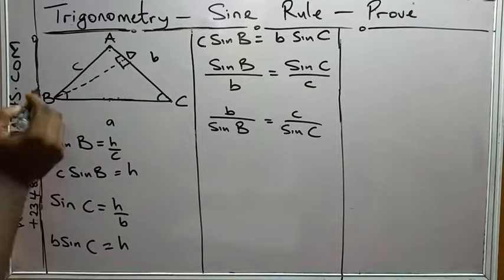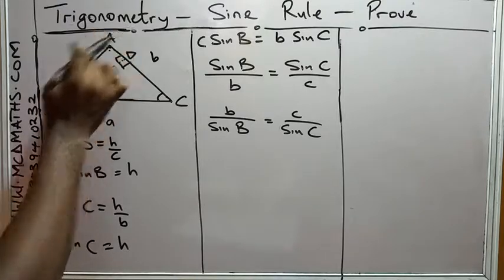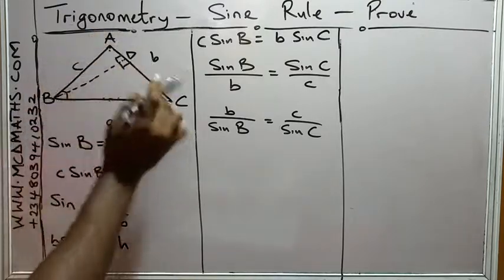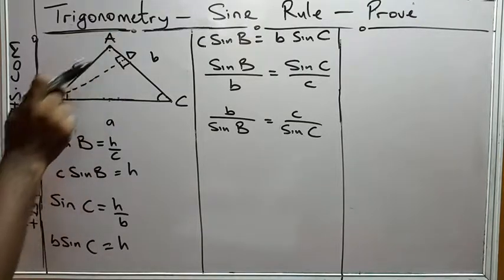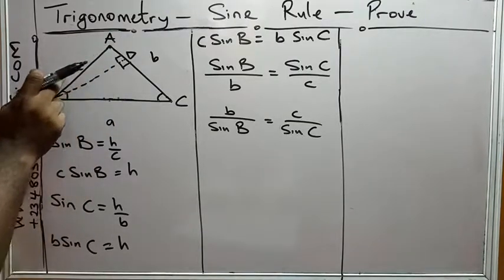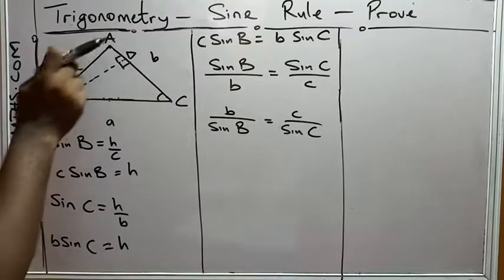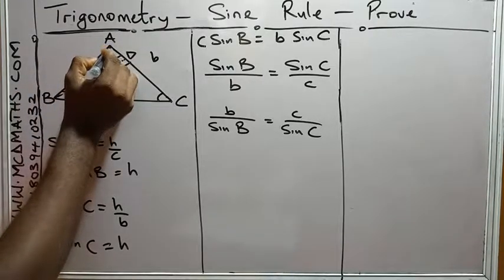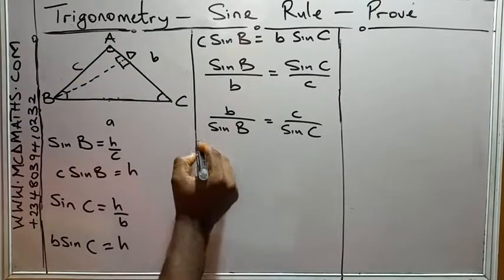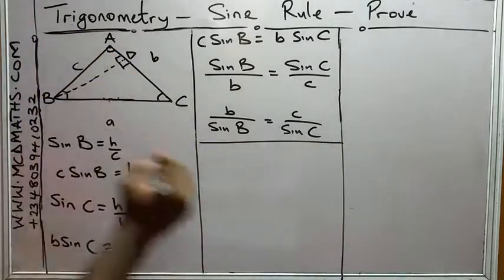Now in this case, we have this triangle and this triangle. If you look at this 90 degree angle, this is the side opposite, so this becomes the hypotenuse. Then we have the other two sides. If we want sine A, we are looking for this angle.